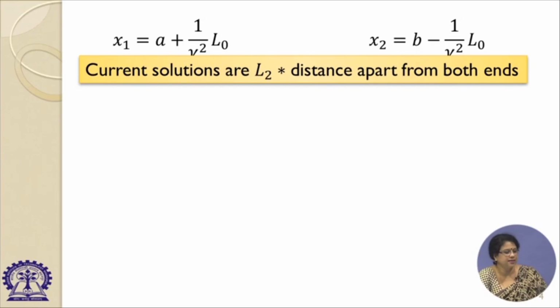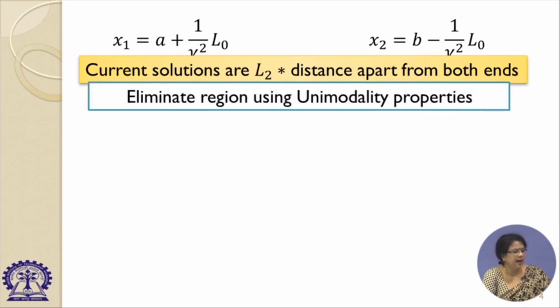Now you see the first solution x1, that is L naught by gamma square distant apart from A, and x2 is the same. You have to consider the region by eliminating the region using the unimodality property.